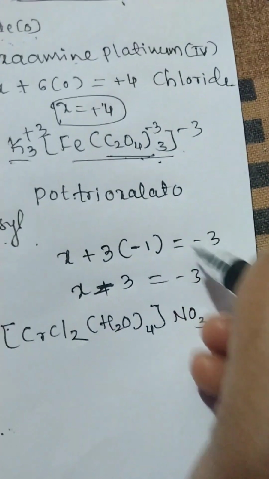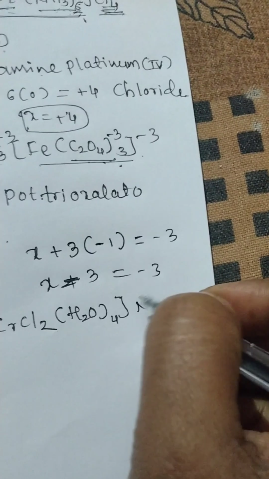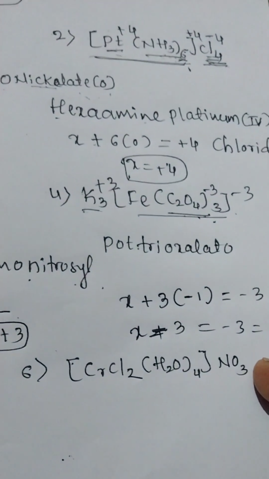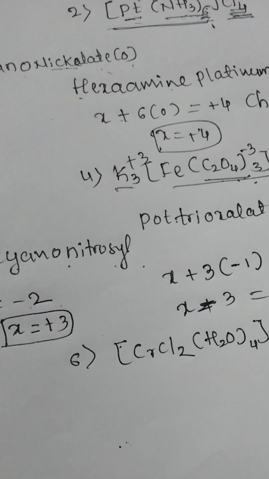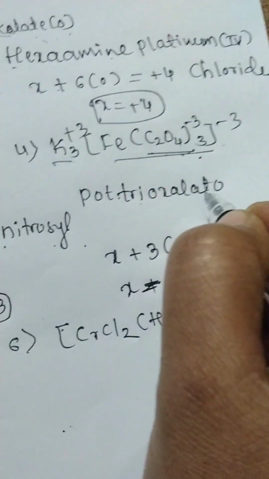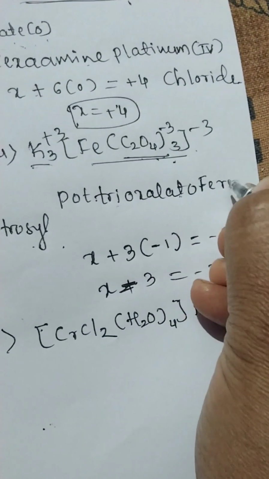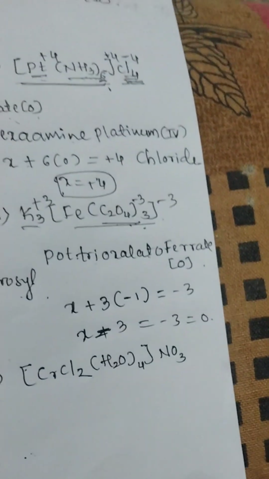Okay, here the X value becomes 0. What will be the name? Potassium trioxalato ferrate, oxidation state becomes 0.